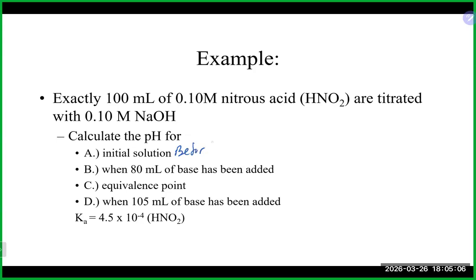What is the pH after you added 80 milliliters of the base? What is the pH at the equivalence point? And what is the pH after you added 105 milliliters of the base? The Ka value for HNO2 is 4.5 times 10 to the minus 4.